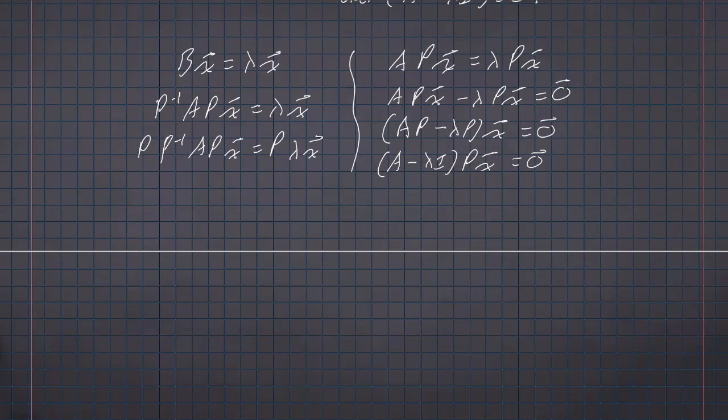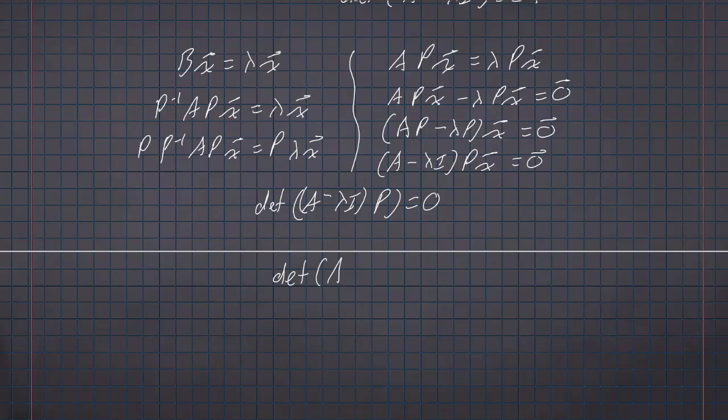Then from here, using the property that tells us that this equation has non-trivial solutions when the determinant of A minus lambda I times P is equal to 0. And then the determinant of a product of matrices is the product of the determinants.